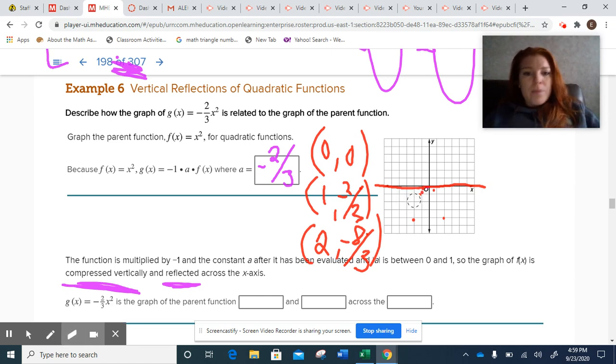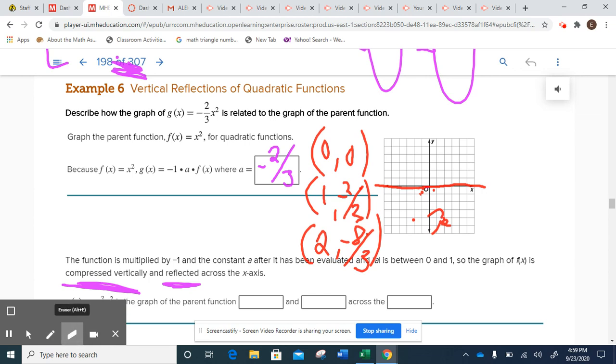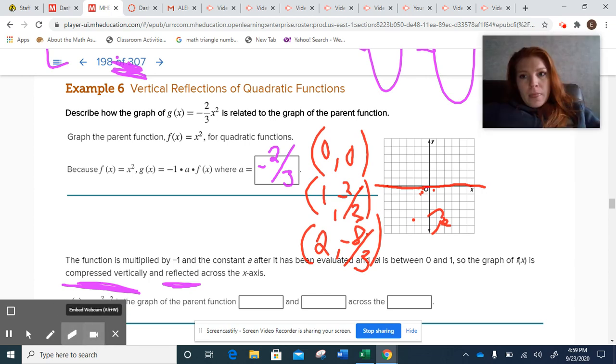Okay, there we go. And then we have 2 and then 8/3, which is a little more than 2. It's like 2 1/3. So I'm gonna swap these guys out. Okay. And then 2 and 1/3.